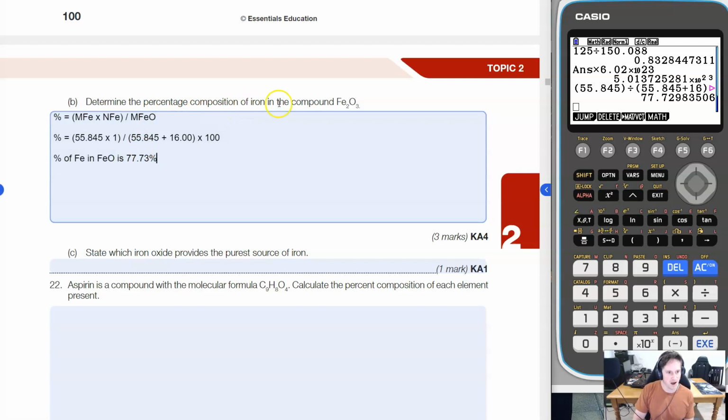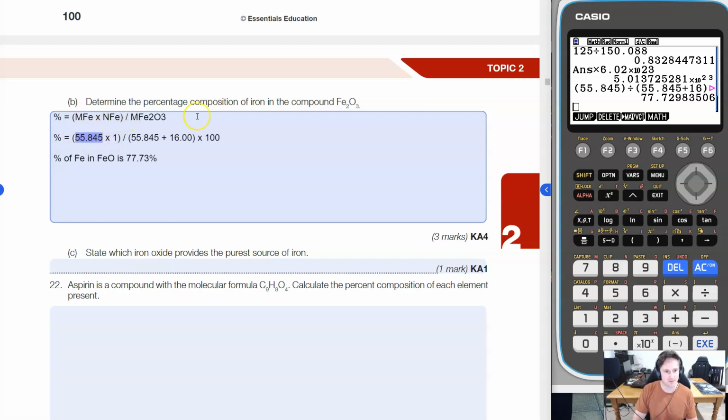The percentage composition of iron in the compound Fe2O3. So I'm still doing the mass number of iron and the number of atoms of iron in the molecule, but the molecule is different now, Fe2O3. So what changes? Iron, the same, the molar mass of iron is still 55.845.